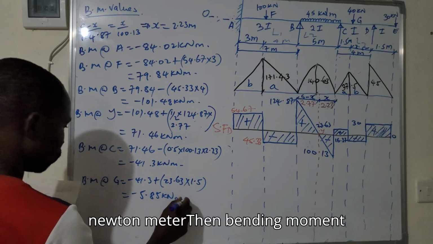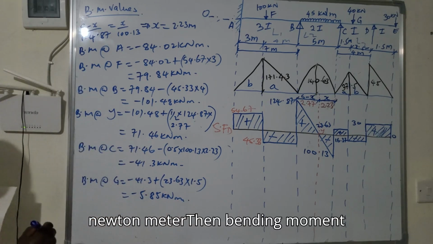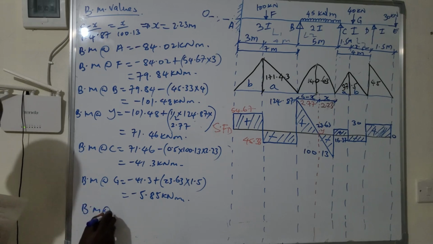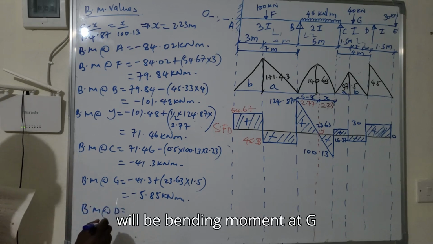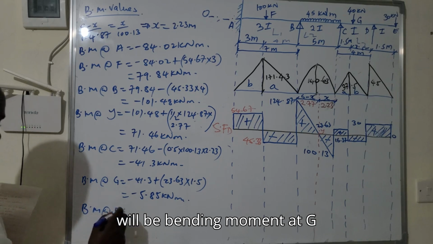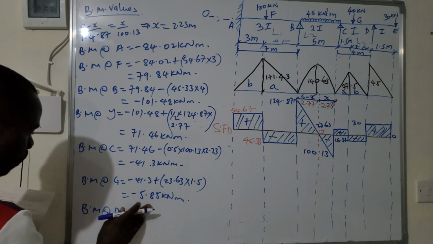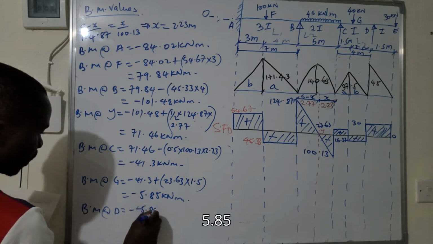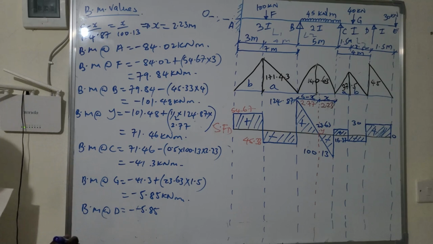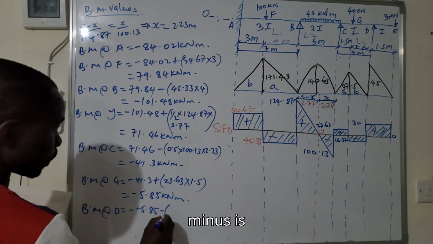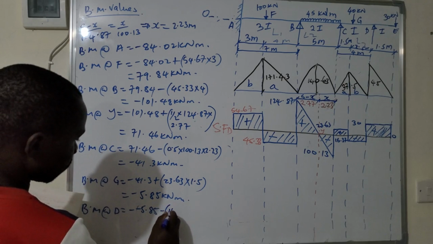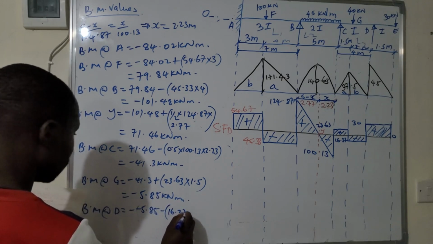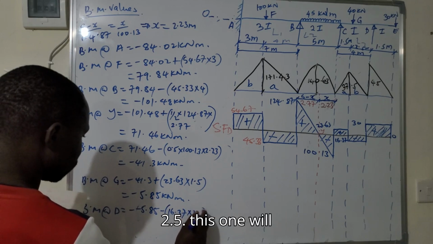kilonewton meter. Then bending moment at D will be bending moment at G, which is negative 5.85, minus 16.37 times 2.5.